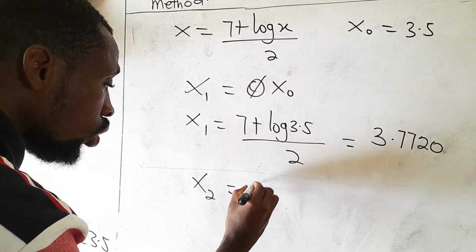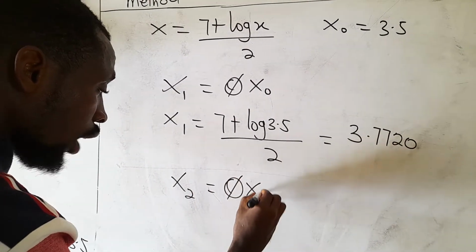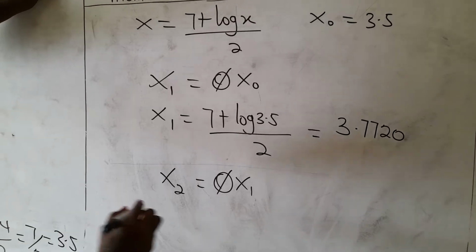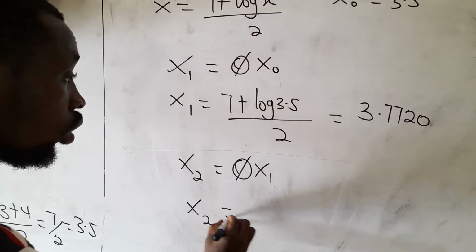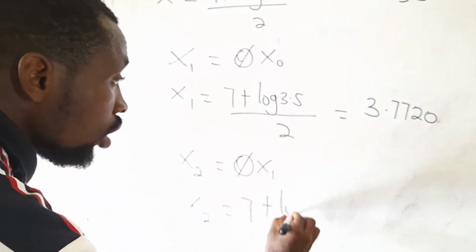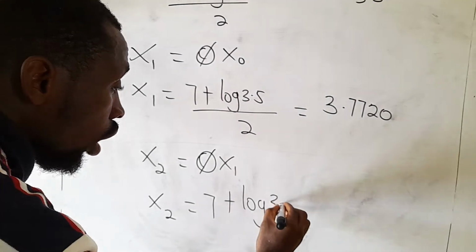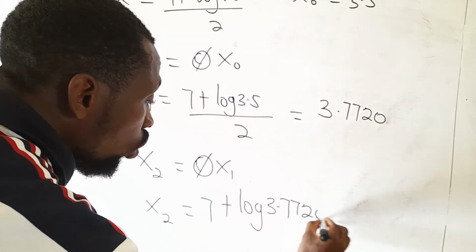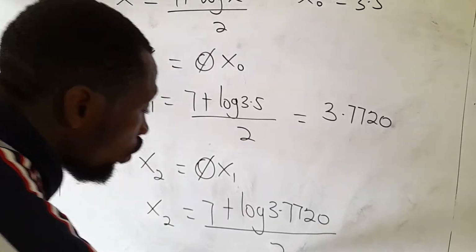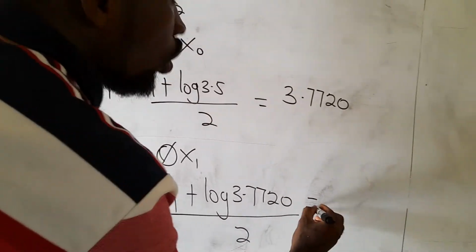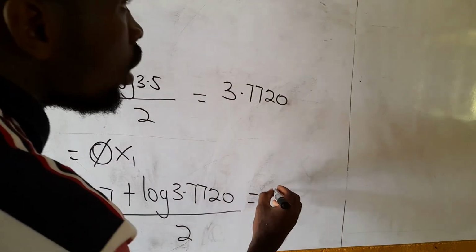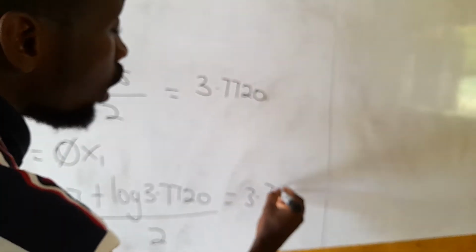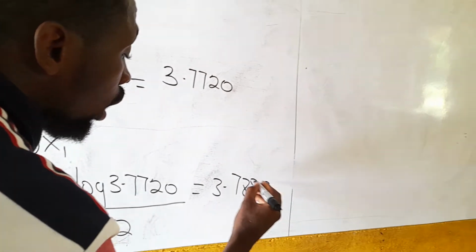Our x2 will be the substitution of x1 in place of x. So our x2 will be equal to (7 plus log 3.7720) all over 2. When we do that very well, we'll get 3.7883.